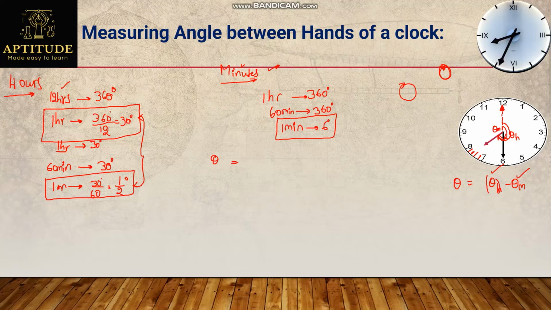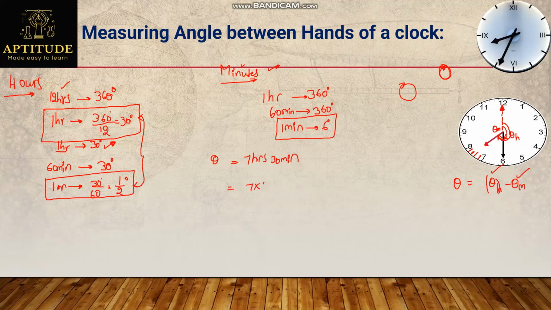Can you guess how many degrees the hour hand will be rotated? If you observe, the hour hand first of all rotated for 7 hours, and for 30 minutes also it is rotated. For 1 hour it covers 30 degrees. For 7 hours, how many degrees will the hour hand cover?